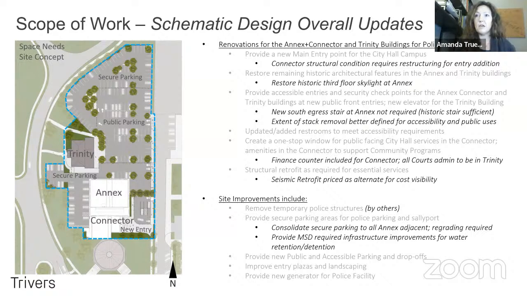So there's been a bit of scope removal, which created some efficiencies in the plan, which is great news. We also learned over the course of these studies, we've got structural engineers involved now, the whole consultant team is now chiming in. So we have a lot better defined scope for the removal of the stacks in the Trinity building. And then programmatically, things didn't really shift very much at all.